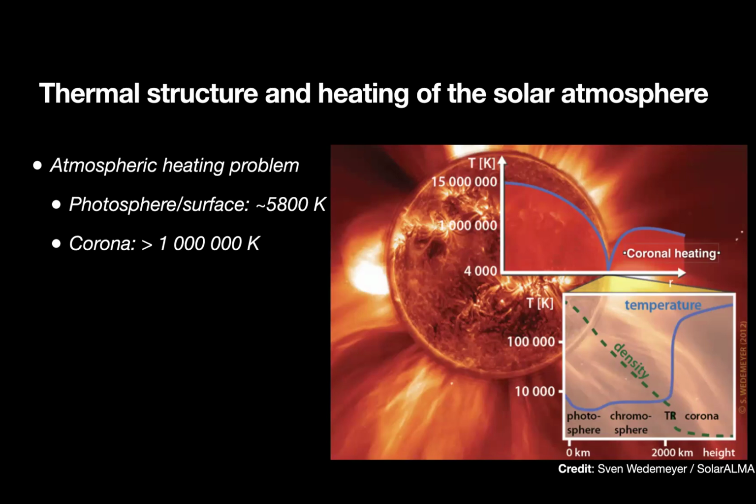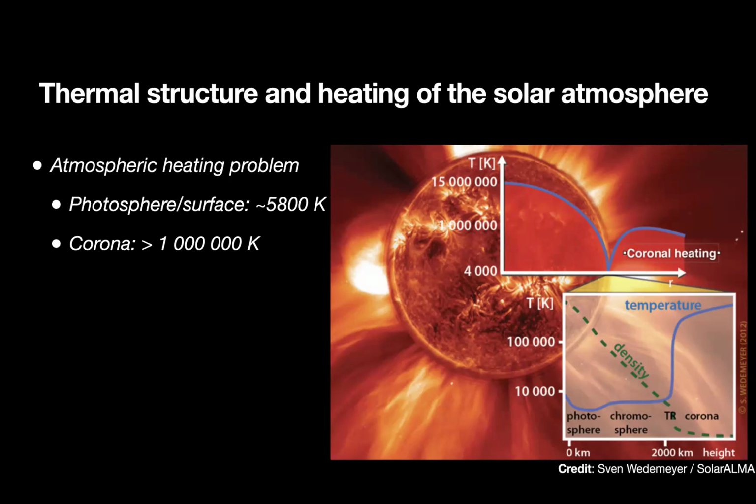And as you move further up from the upper chromosphere, you get to a transitional layer called the transition region, where the temperature increases drastically as you go up to the corona. And in the corona, you even see temperatures on the order of 1 million Kelvin or more, depending on the activity level. And the reasons for which are not entirely known.